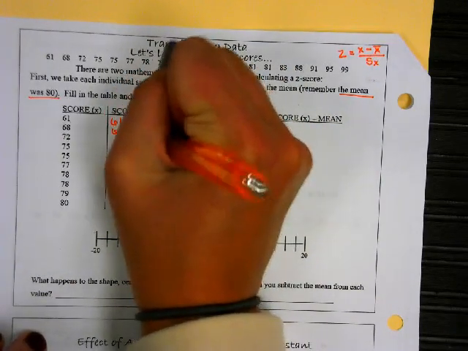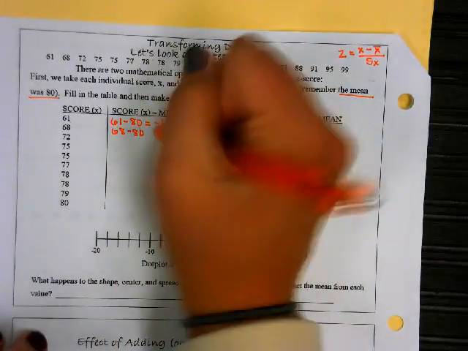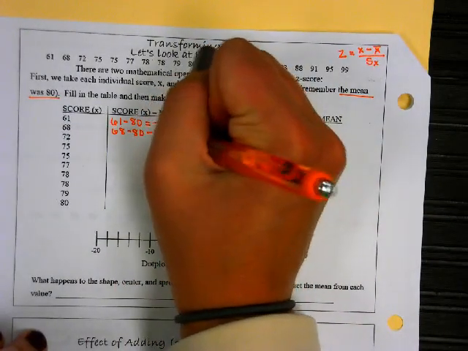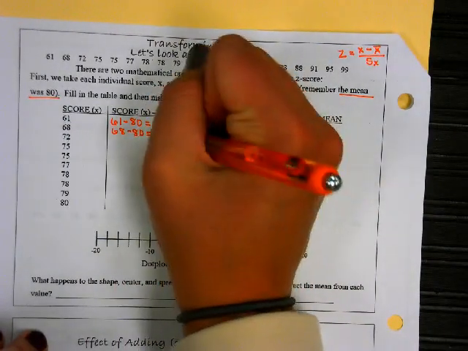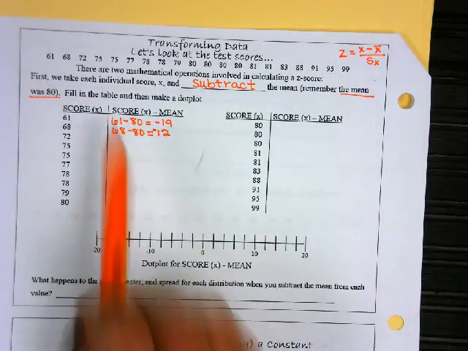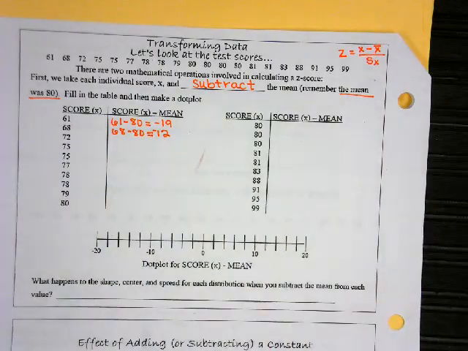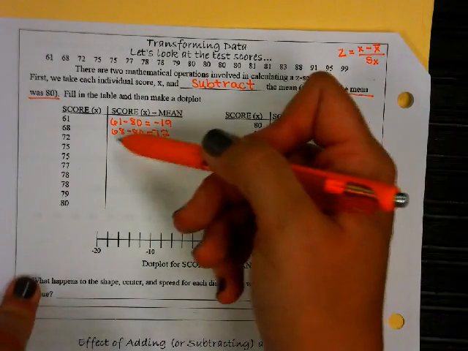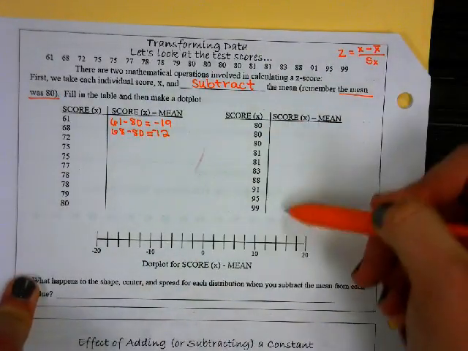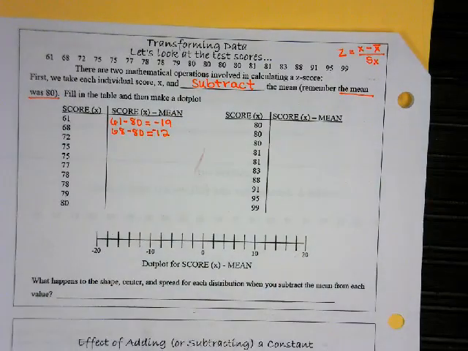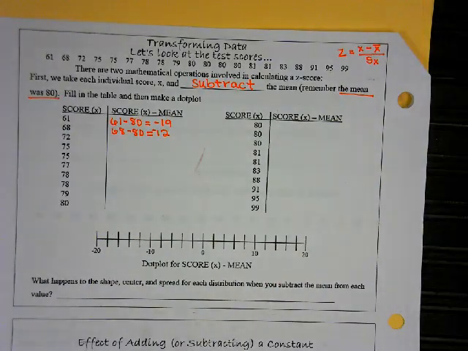If you don't want to put the actual score minus the mean and you just want to put the answer, that's fine. You don't have to show it. You can do all that in your head. Go through, fill in the rest of the scores minus means, then create your new dot plot. Questions? You guys all know what you're doing?